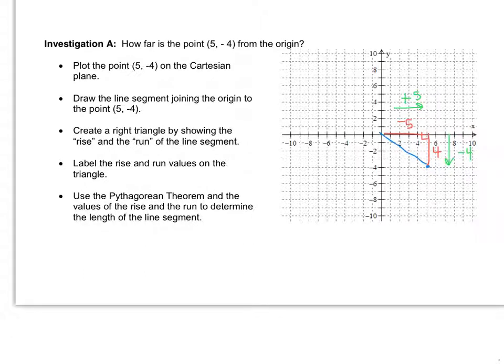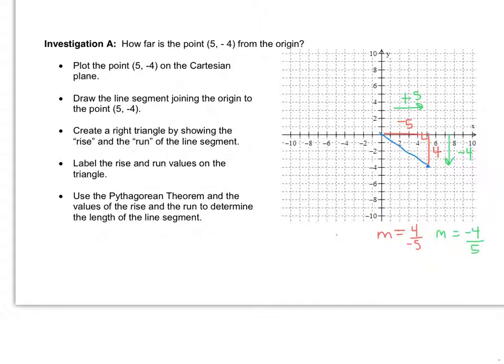When we talked about slope before, the slope of this line segment would have been rise over run, which is either positive 4 over negative 5. This is just a little aside here. I wasn't asking you to calculate this, but positive 4 over negative 5 is negative 4/5 overall. Or if I use the green, my slope would be rise, which is negative 4, over the run, which is positive 5.